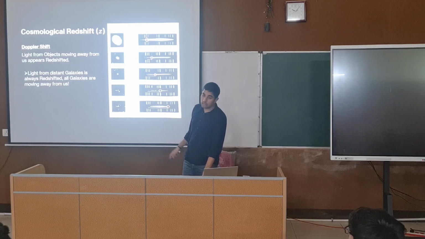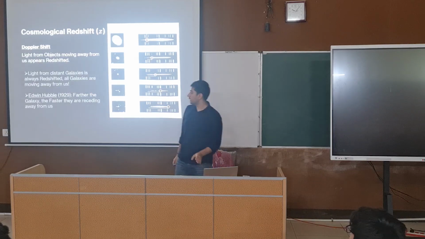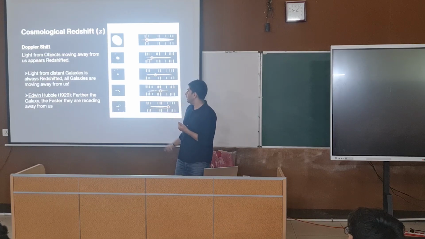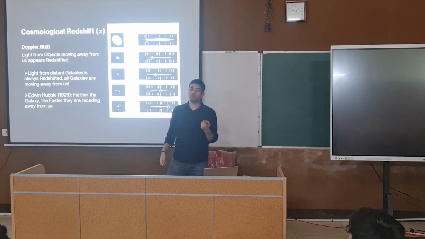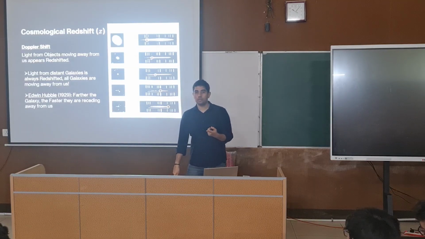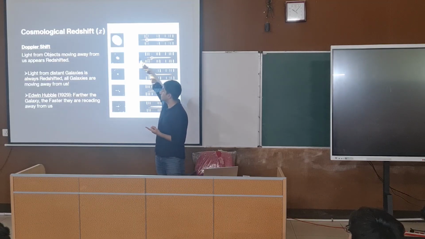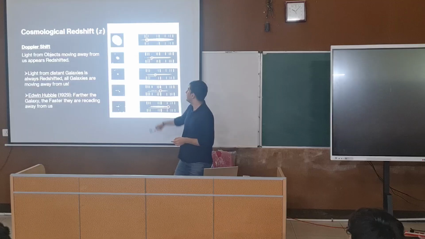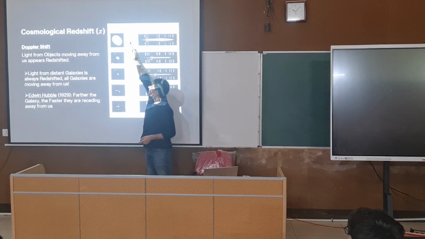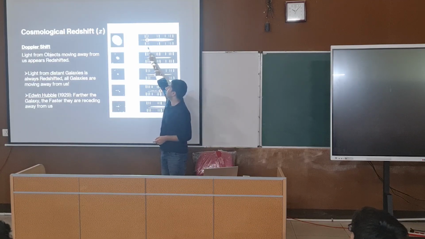As I was saying, these are the velocities at which the galaxies are moving away from us, and what Hubble observed in the year 1929 was that the farther the galaxy was, the faster it was moving away from us. So these are the distances. Don't worry about the units, don't worry about what this small h is. You have to see, this is a nearby galaxy, it is moving slow.